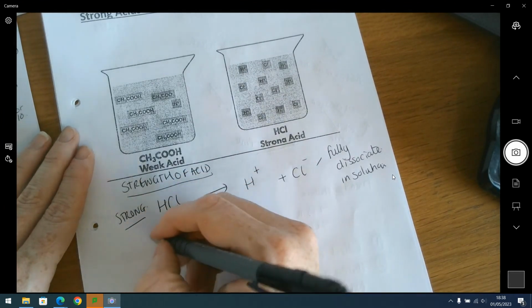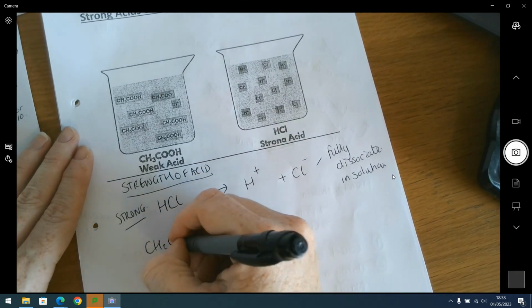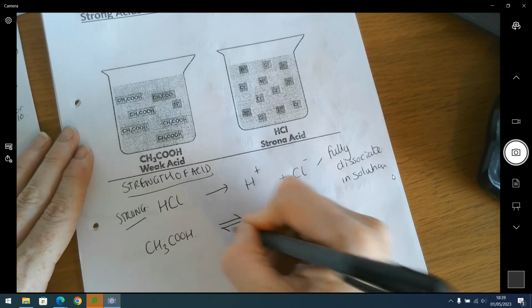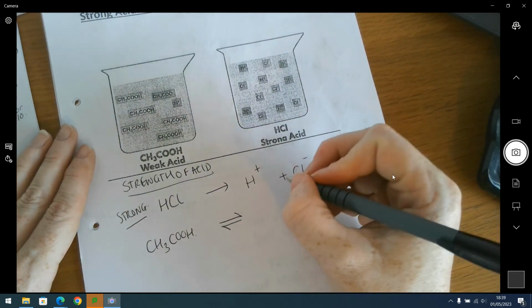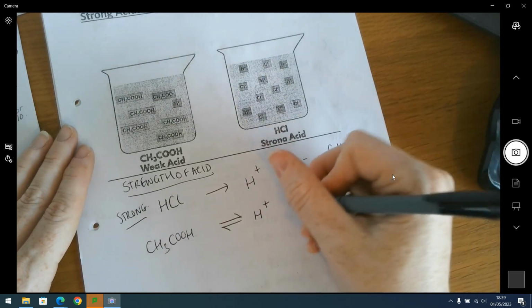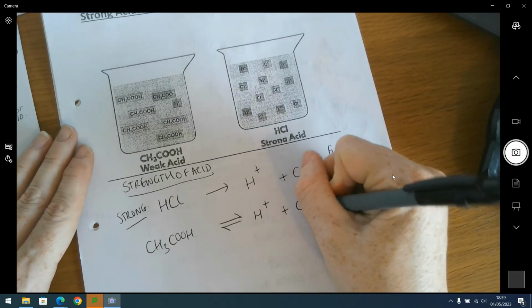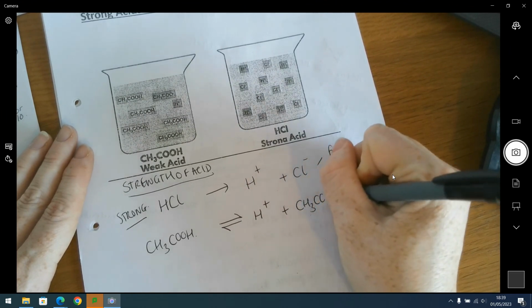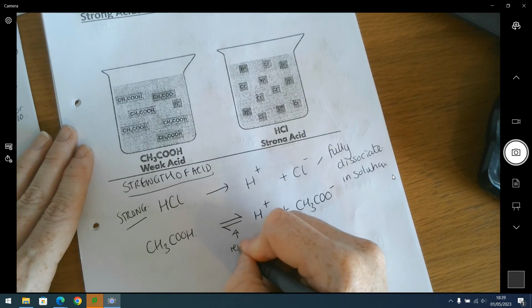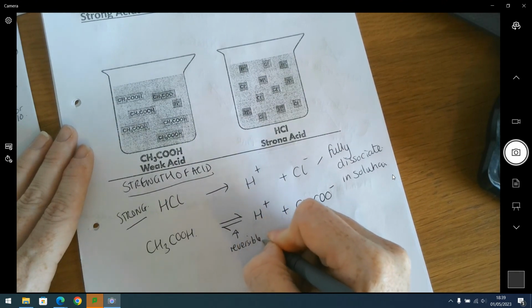For a weak acid, you can see here is my weak acid, it only partially dissociates. So in other words, yes, I do get some hydrogen ions and I do get some negative ions as well. But as you can see, that symbol there means that this process is reversible.